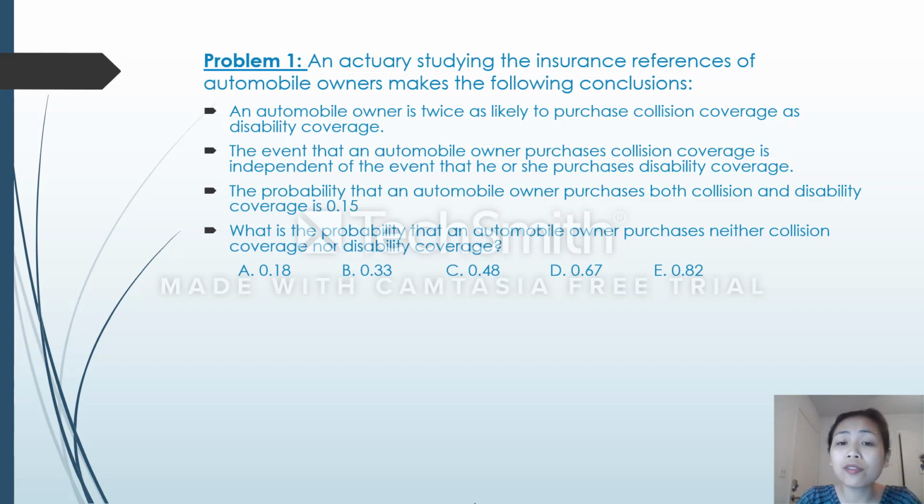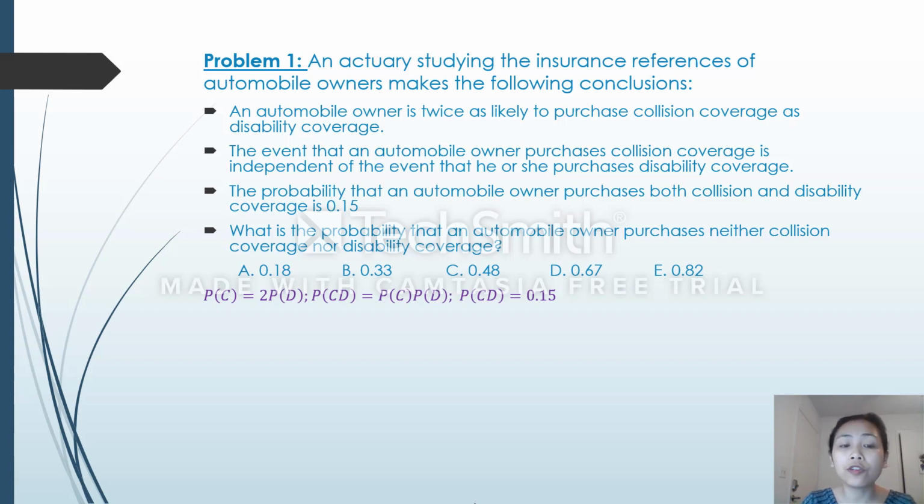Here we have two events, that is purchasing collision coverage and purchasing disability coverage. So I'm going to call C the collision coverage and D the disability coverage. So using C as the event that an automobile owner purchases collision coverage, and D as the event that an automobile owner purchases disability coverage, I have this information.